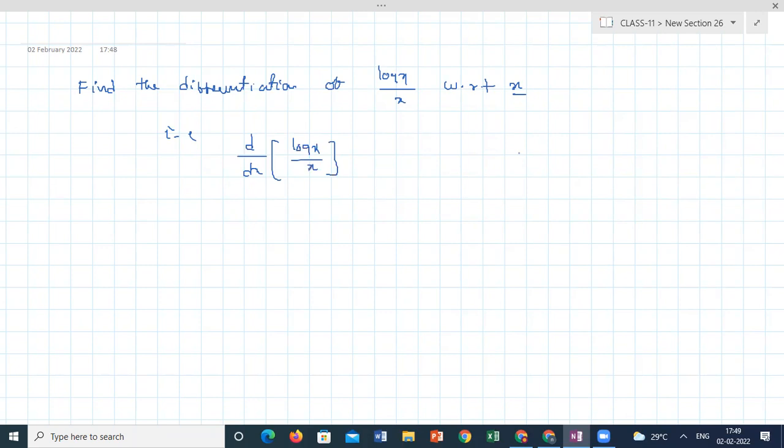Here you are going to use the quotient rule. Please do this question. Hope you are clear with the question, everyone. Nitish, Nitin, Shreya, Hansini, is this question clear?